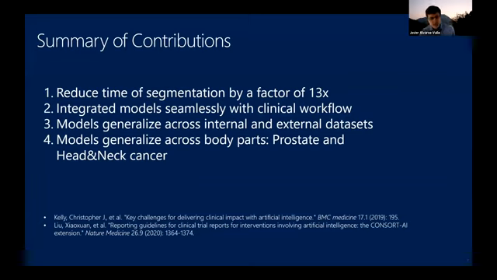In this study, we follow a couple of guidelines. One talks about the key challenges to delivering clinical impact with artificial intelligence. We also follow the CONSORT-AI guidelines for clinical trial reports with interventions involving artificial intelligence.